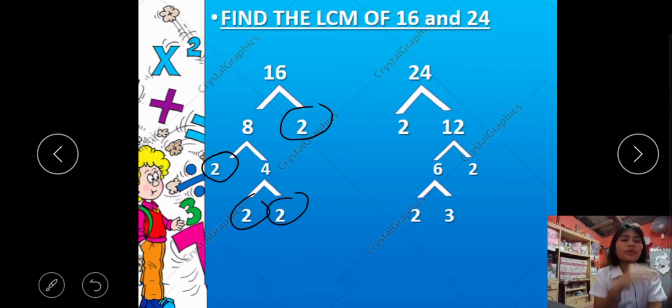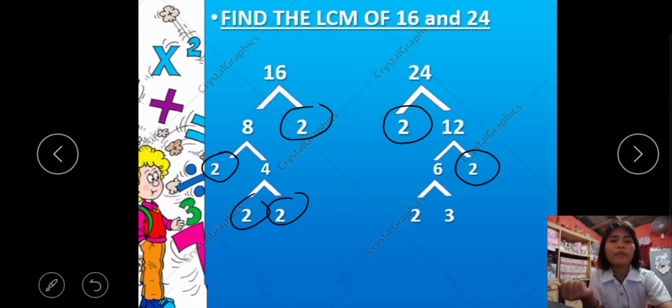In factoring the number 24, we have 2 times 12, where 2 is now a prime number. And we need to factor again the 12, which is 6 times 2. Again, 2 is a prime number and 6 is a composite number. So we need to factor again the number 6, which is 2 and 3.